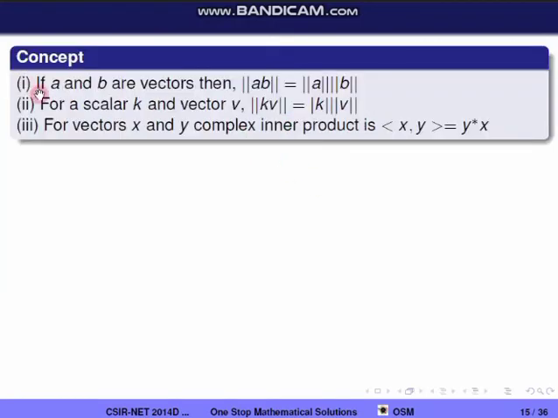If A and B are vectors, then norm AB is equal to norm A into norm B. For a scalar K and vector V, norm KV is equal to modulus K into norm V. For vectors X and Y, the inner product can be defined as inner product XY is equal to Y star X. So now we'll move on to the question.